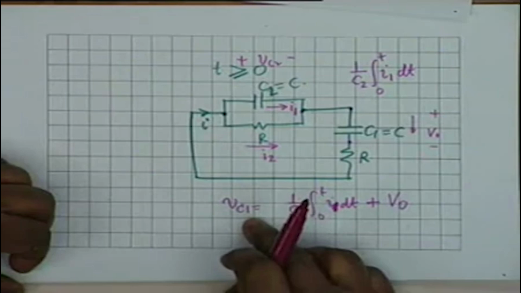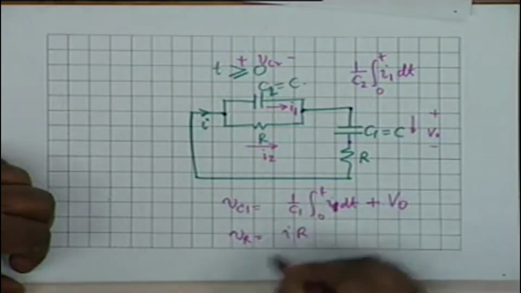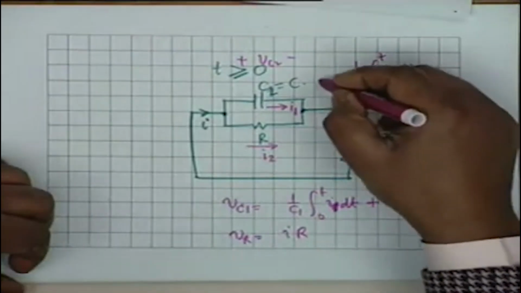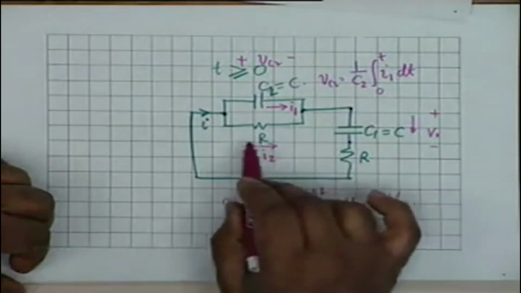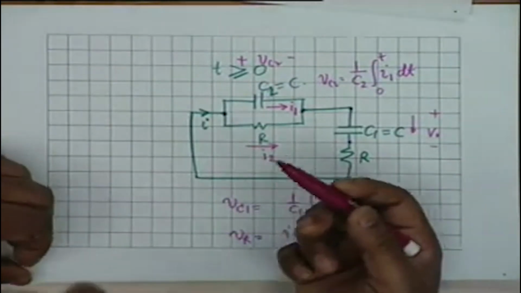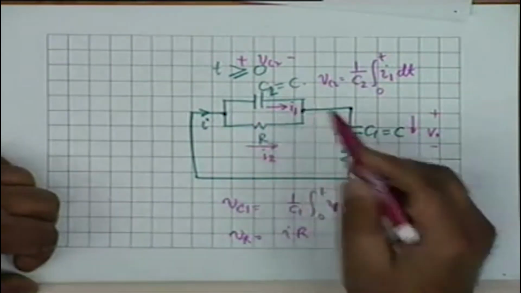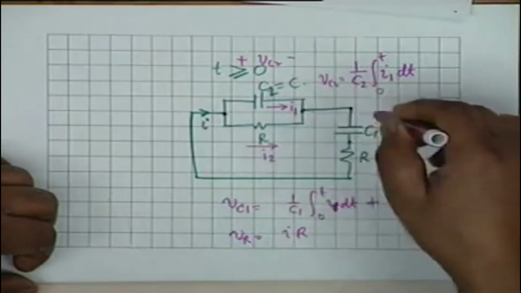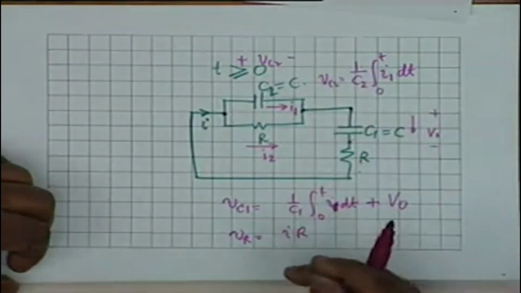So this is VC1, and what is VR? VR is simply IR, and the sum of the three, VC2, I am not taking the drop across R. Why? Because it's the same as VC2. Is that clear? It's the same as VC2. So VC2 plus VC1 plus VR, that should be equal to 0.